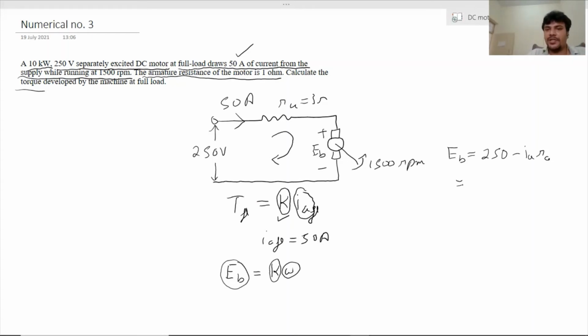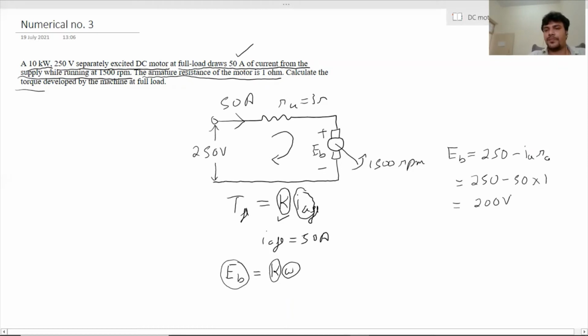That's why I'm not taking that into account. I'm just writing the final equation. So you must practice and reach this equation, not just use this equation directly. So 250 volt minus what is the current? Current is 50 ampere, and what is the resistance? Resistance is 1. So this will be 200 volt.